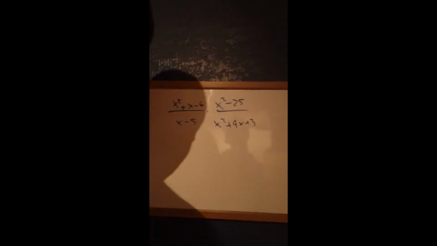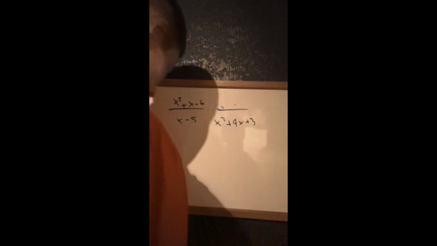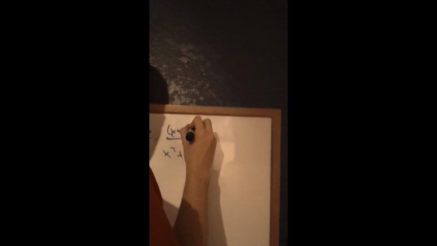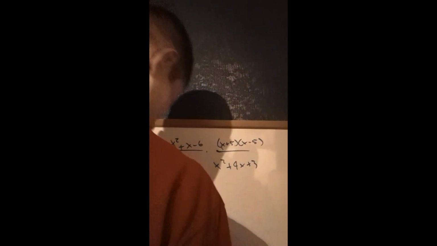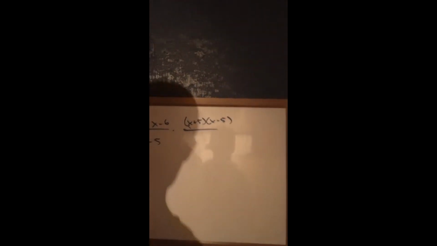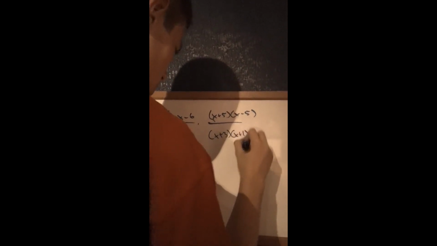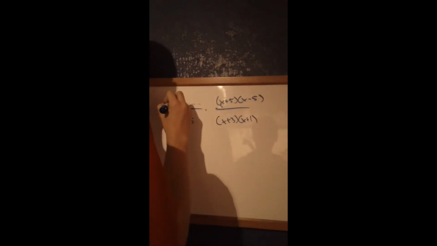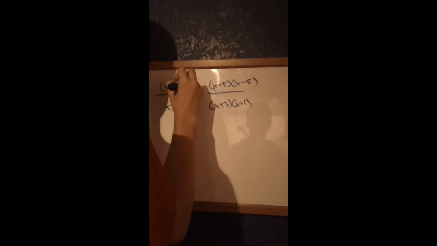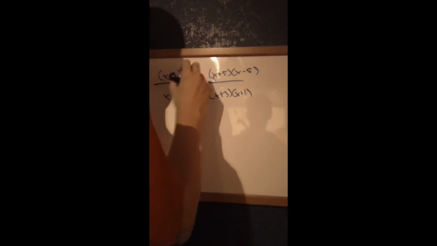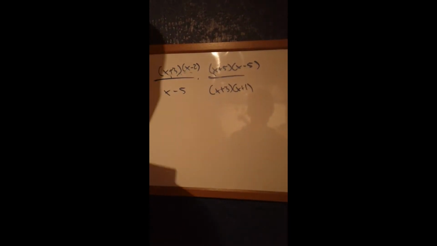That's the first step. There is no other option. So, x squared minus 25 will factor into x plus 5 and x minus 5. x squared plus 4x plus 3 will factor into x plus 3 and x plus 1. And x squared plus x minus 6 will factor into x plus 3 and x minus 2, and x minus 5 stays the same because there's nothing to factor.